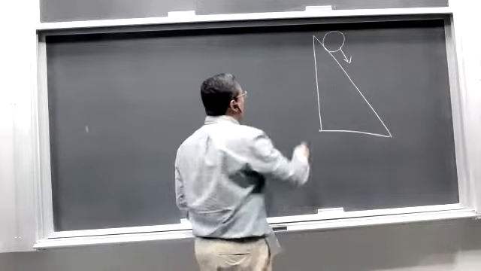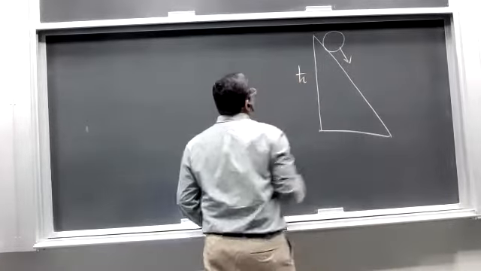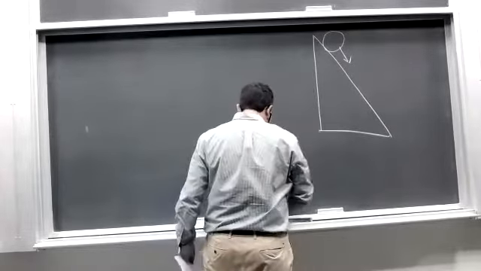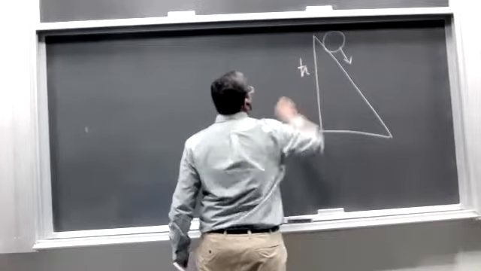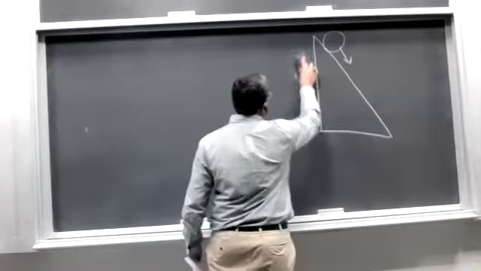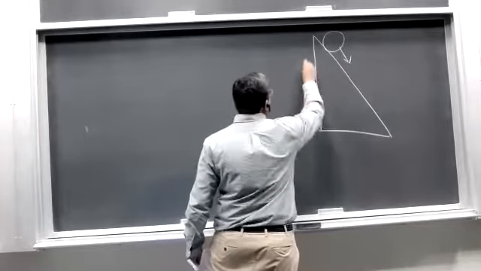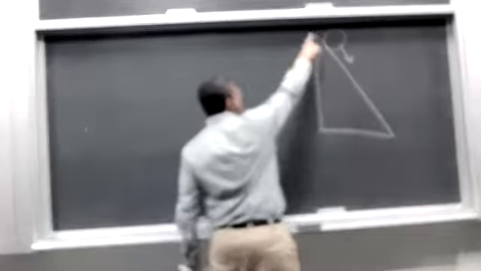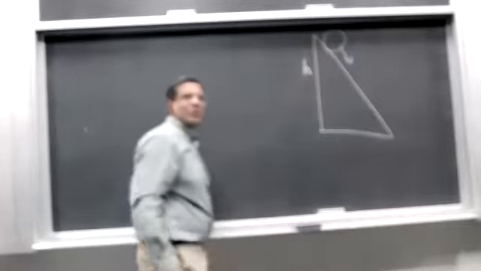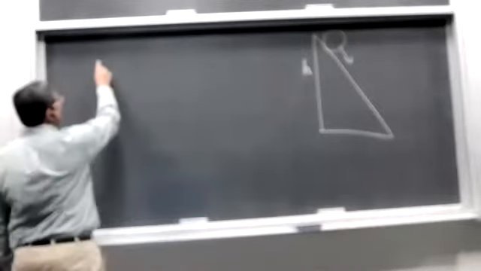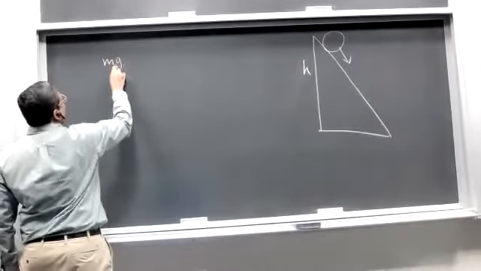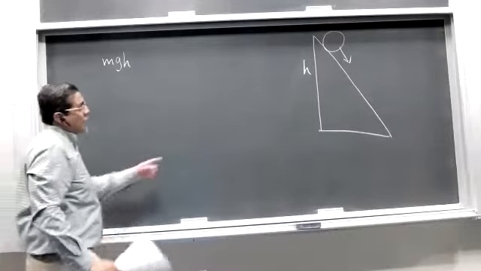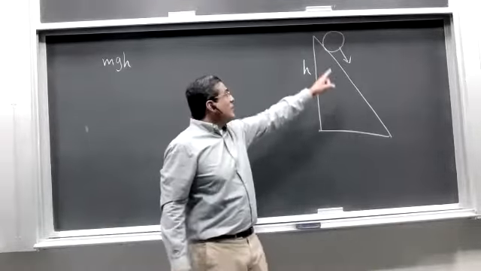It goes faster and faster, and it is coming down from height H. How much potential energy does it lose when it goes from the top of the wedge to the bottom? The change in potential energy? mgh. Okay.